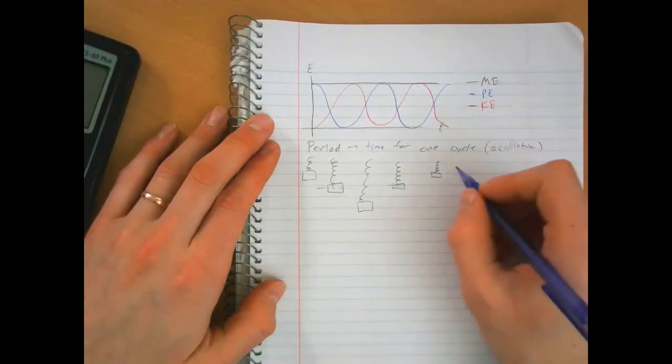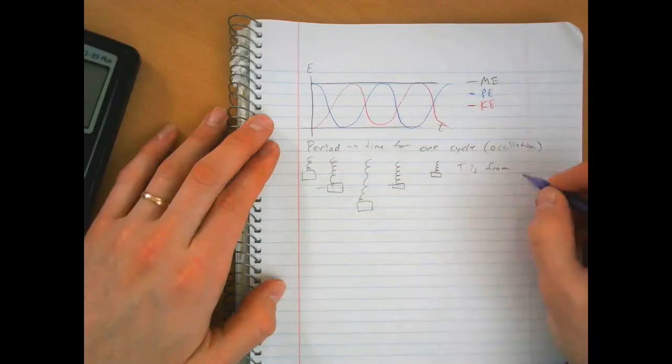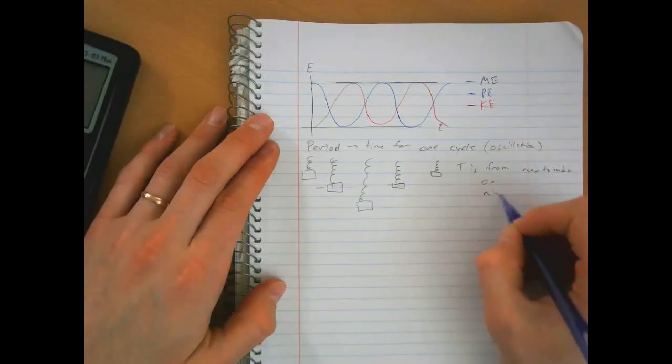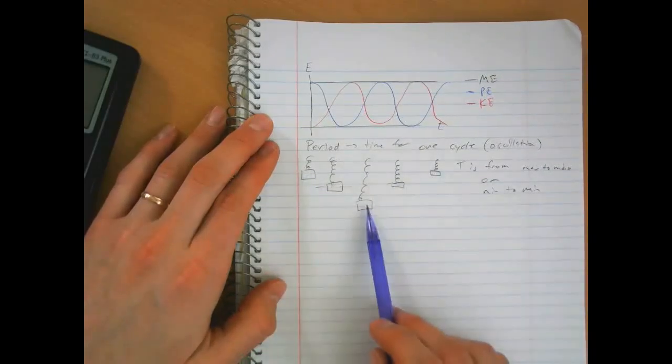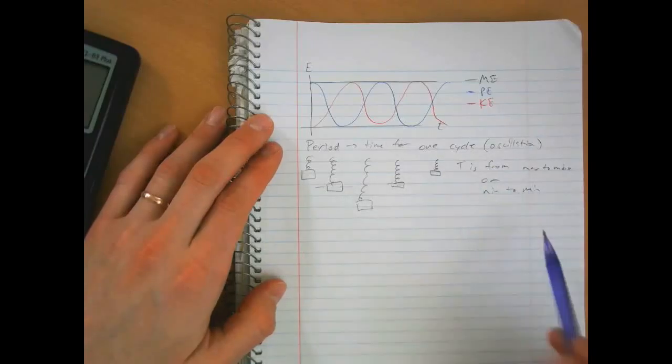Your period is from max to max or min to min. It's one full cycle. So it's down, back up. So max to max, or if I kept drawing, you go minimum to minimum. That would be the period.